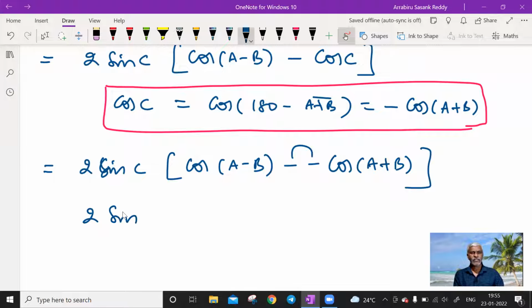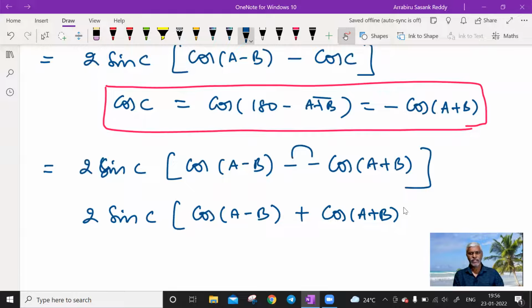So 2 sin C times cos(A minus B) plus cos(A plus B).